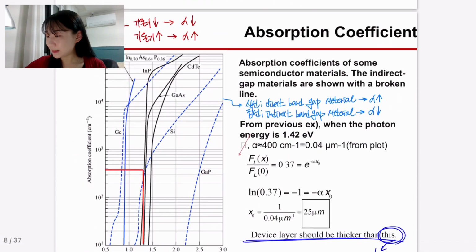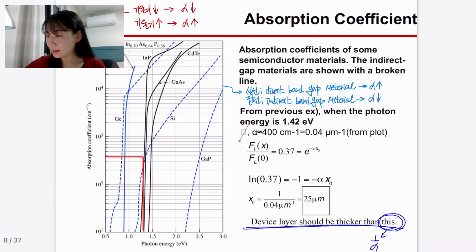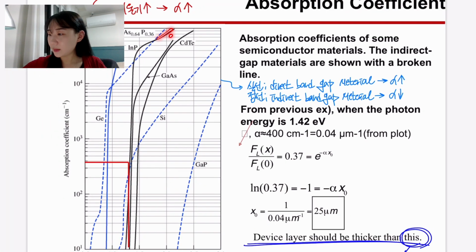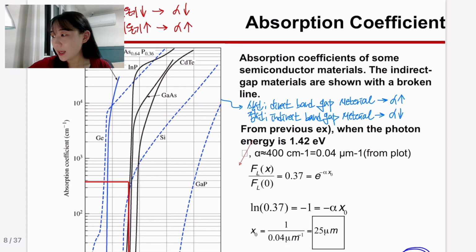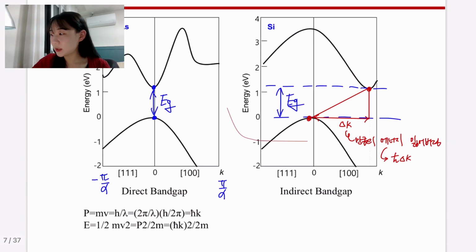And then let's see this characteristic. This black line means the direct bandgap material. The direct bandgap material has relatively bigger alpha than the indirect bandgap material because it doesn't have energy loss.